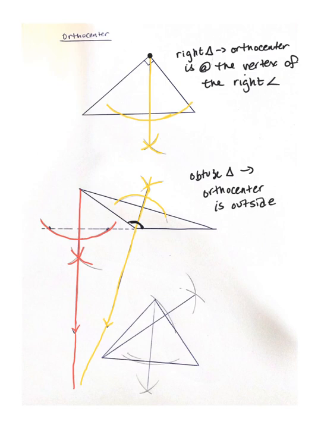Okay, the last picture is an acute triangle. And just like everything else we've learned, the orthocenter is inside. So for every acute triangle, all the points of concurrency are inside. All four of them.